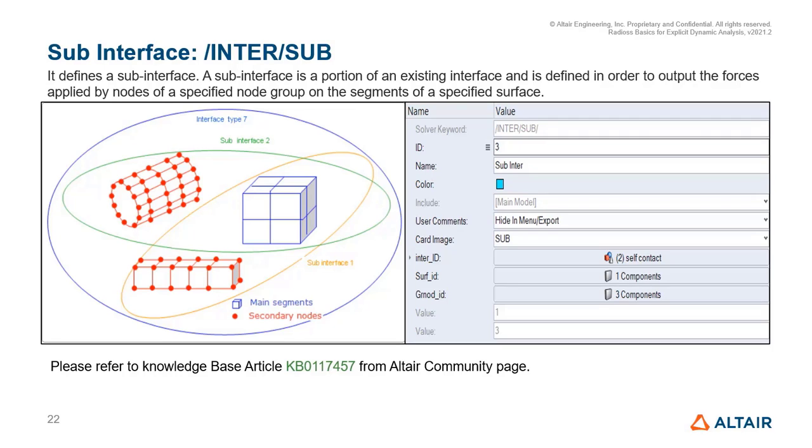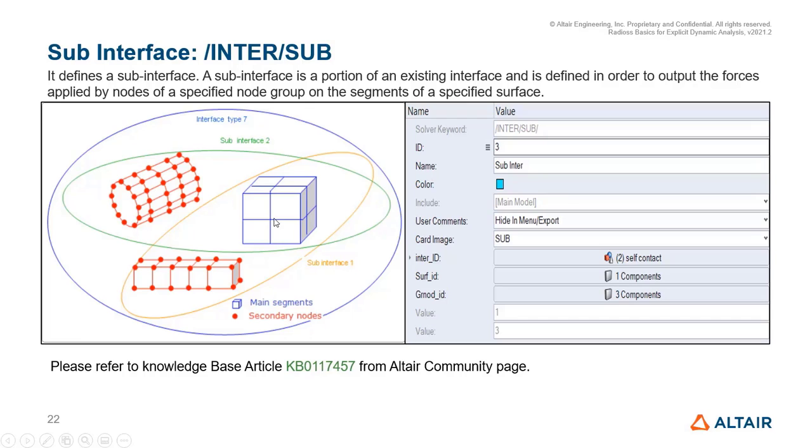using inter sub option. So when you have a type 7 contact or a global contact defined, and you want forces on a specific component by the neighboring components, in that case you have to define this inter sub option. So in this example, let's say you have global contact here, type 7 contact, and in that contact you have these three different parts, and you're interested in forces coming onto this part because of the neighboring parts.